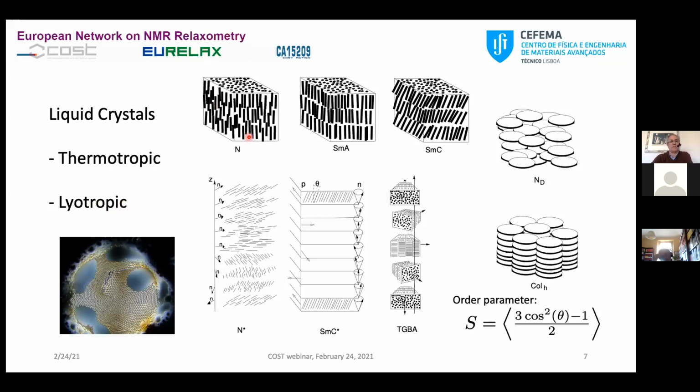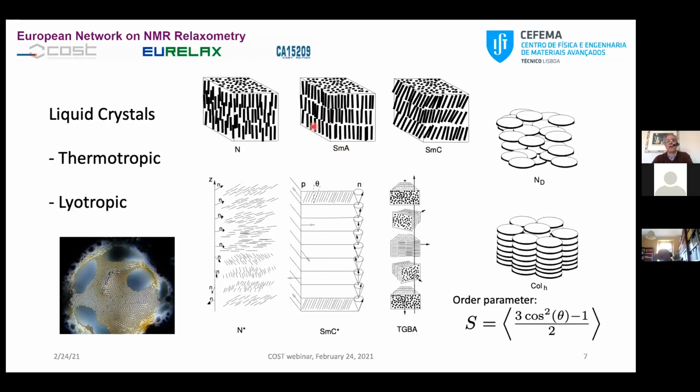The first phase when we cool the sample from the isotropic state is usually the nematic phase, where the molecules share a common direction of alignment, but their centers of mass are distributed randomly in space. So they do not organize in layers like what happens in the smectic A phase.